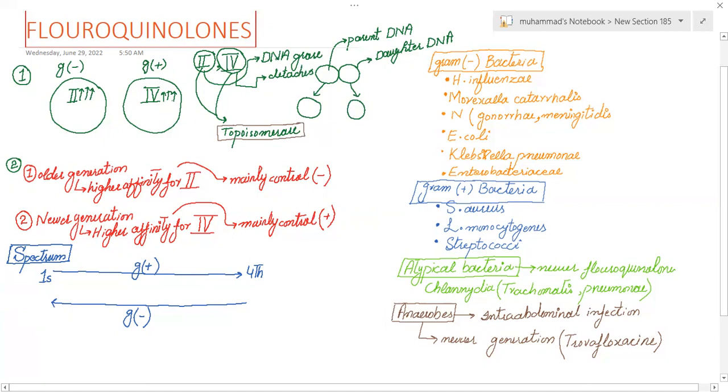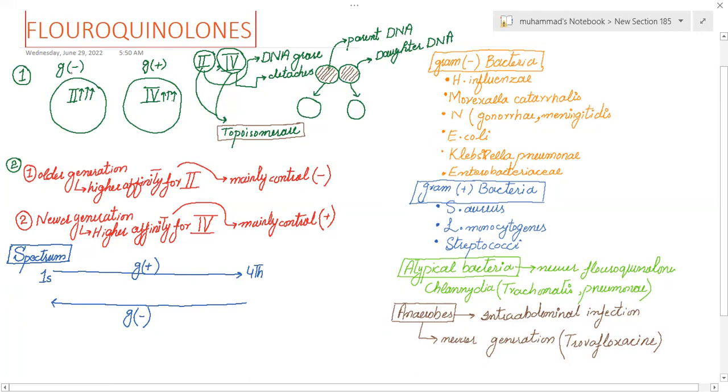Topoisomerase 2 is called DNA gyrase, and it prevents the supercoiling of the DNA and promotes the DNA synthesis. Topoisomerase 4 detaches the newly formed daughter DNA from parent DNA. This is parent DNA, and this is newly formed daughter DNA, so these are separated by the activity of topoisomerase 4.